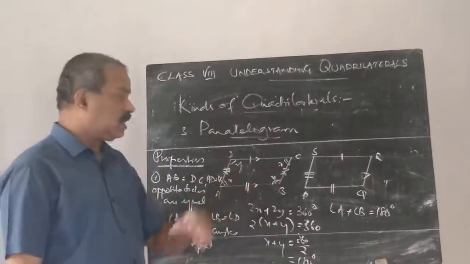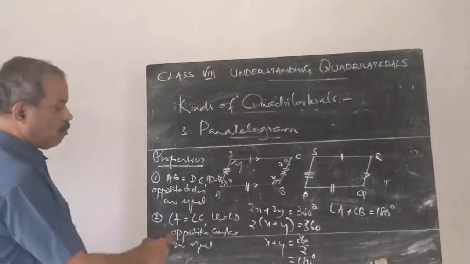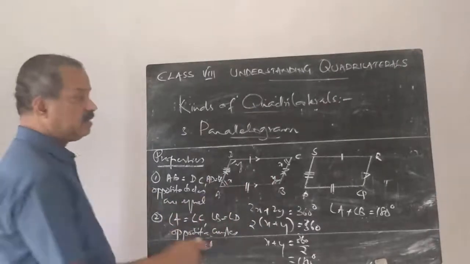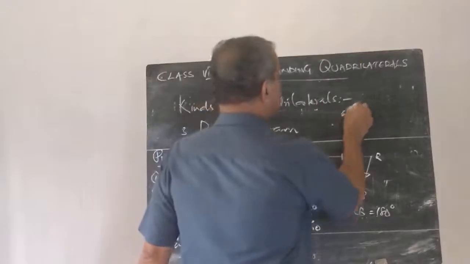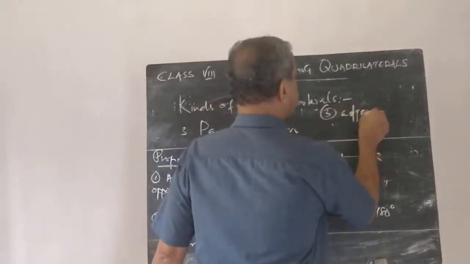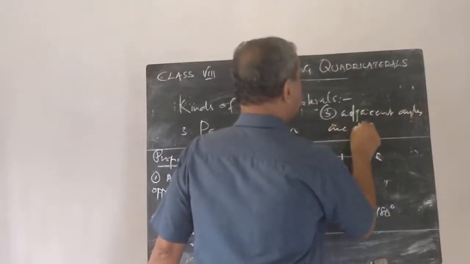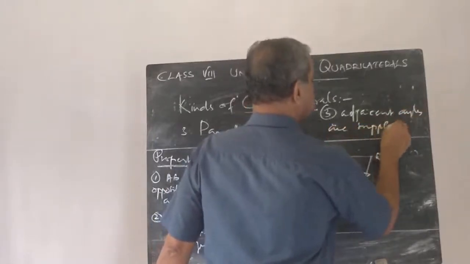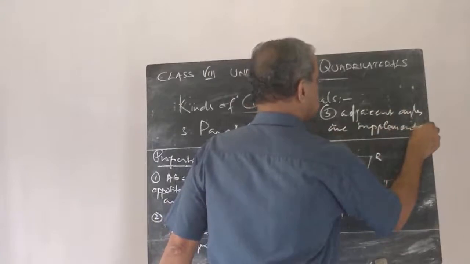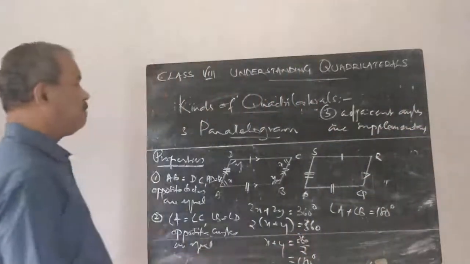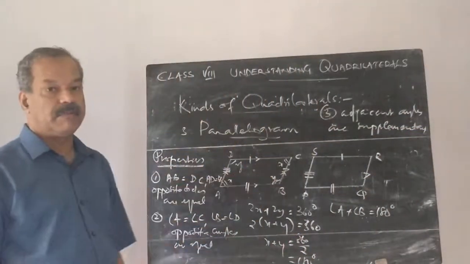Opposite angles are equal. Adjacent angles are supplementary. Third property: adjacent angles of a parallelogram are supplementary.